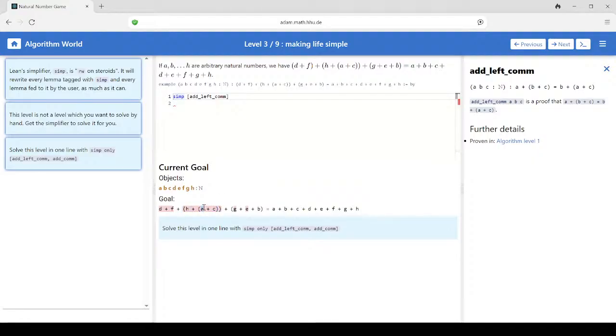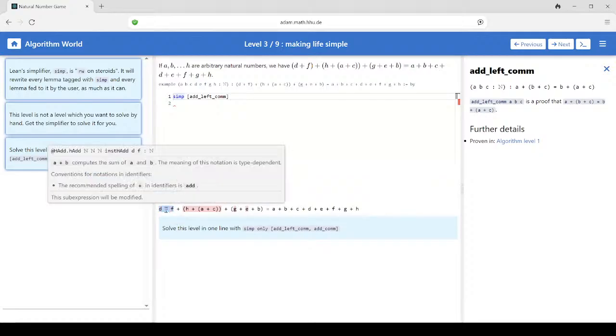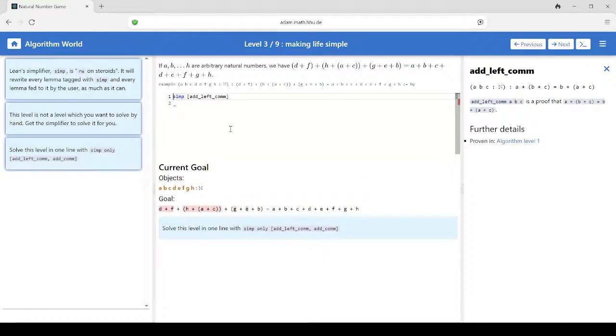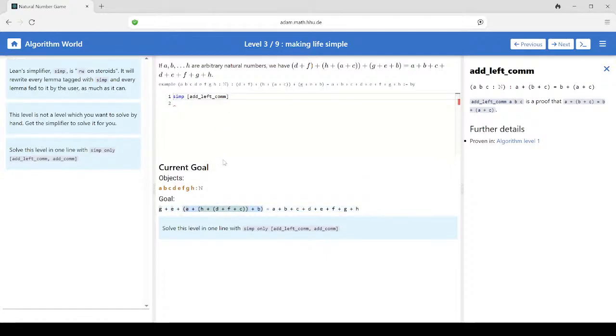Based on what's highlighted, I would expect this G plus E. I wonder why it's highlighting the individual G and E and not the plus, whereas here it's highlighting the plus. So D plus F stays together, but this G and E, but G and E do end up together. That B stays at the end.